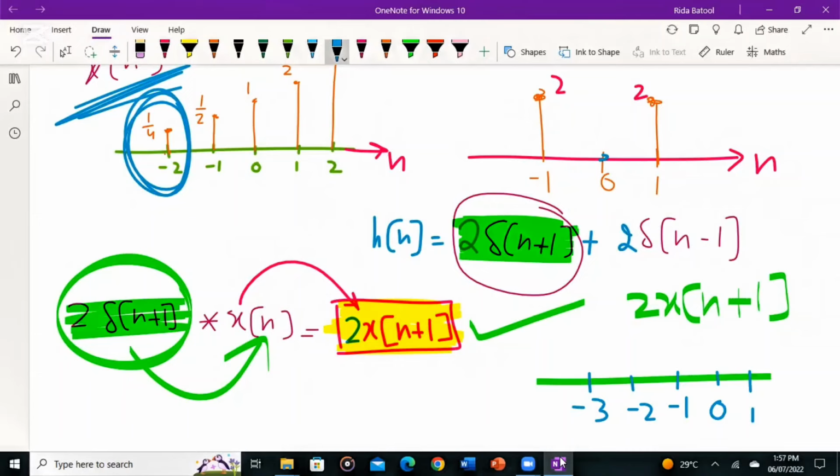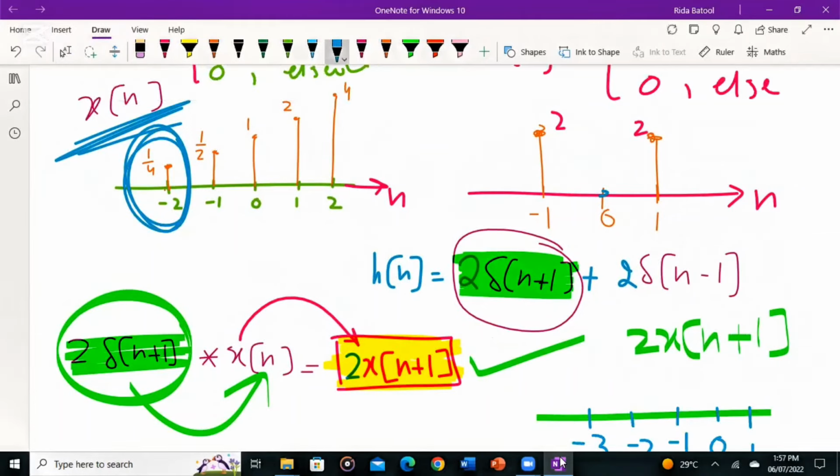Similarly, you have to scale every value by 2. You have to multiply every value by 2. So 4 into 2, 8. Here you will get 8. 2 into 2, 4. Then 1 into 2, 2. Then 1 by 2. Then 1 by 4.